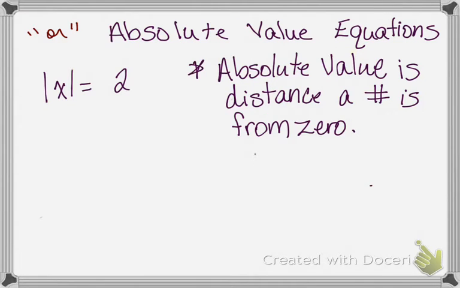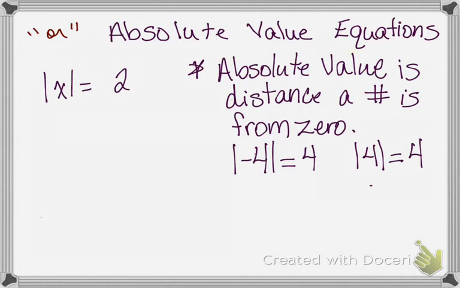So if I have the absolute value of -4, what does that equal? 4. And if I have the absolute value of 4, what does that equal? 4. So if I tell you that the absolute value of x is 2, there is a positive component that x can be, and there is a negative component that x can be.